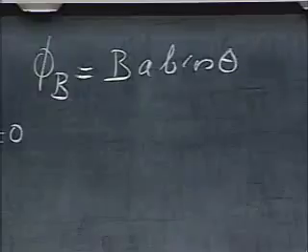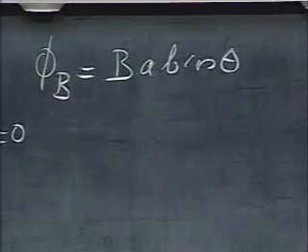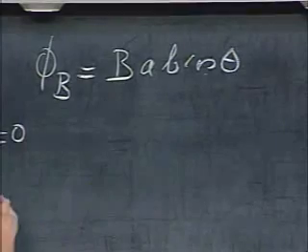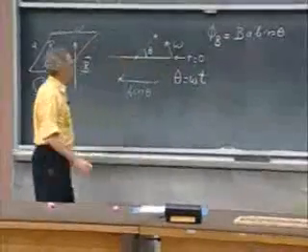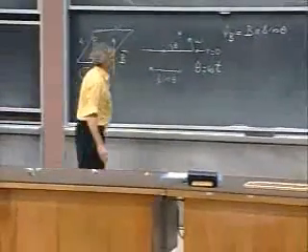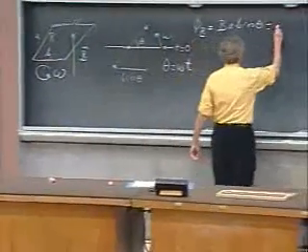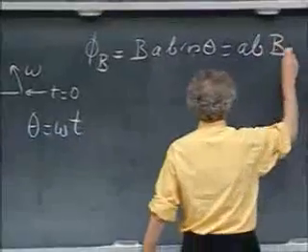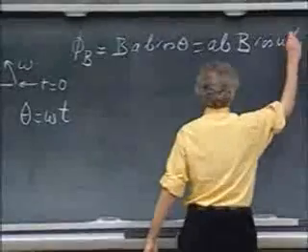So that's the flux. But cosine theta is changing with time. Theta is omega t, constant angular frequency omega. So the magnetic flux is A B B cosine omega t.